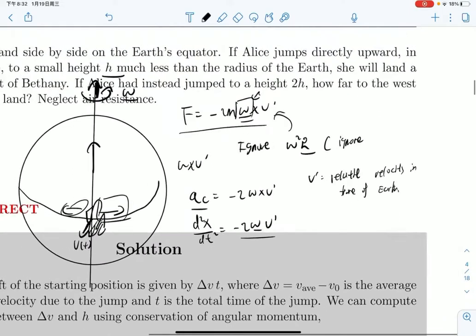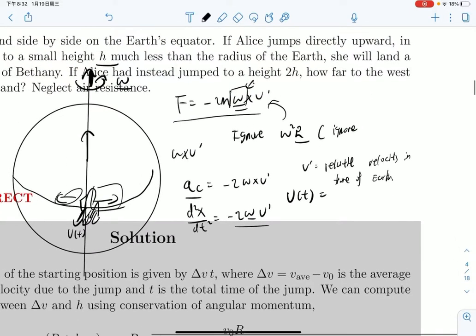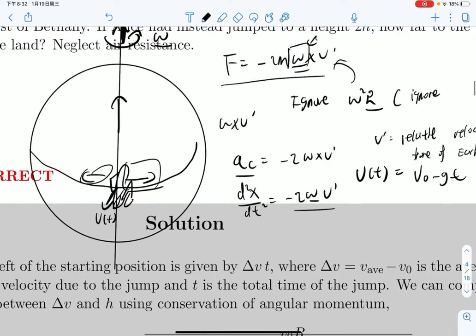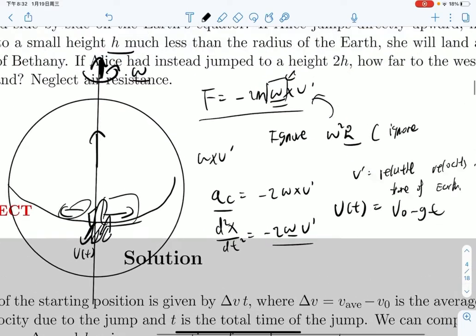So now, v as a function of t is equal to the initial velocity minus gt, and that is the velocity where we jump.